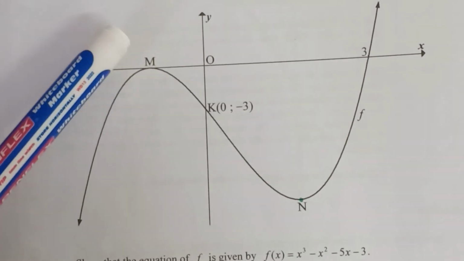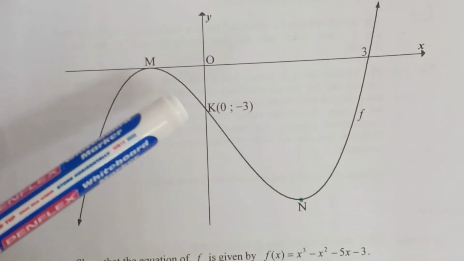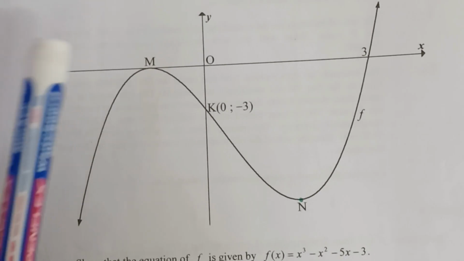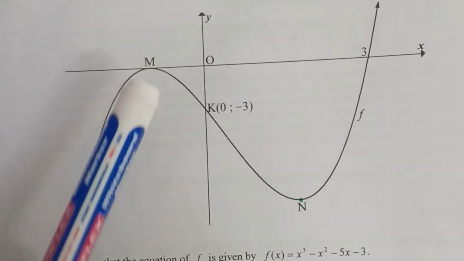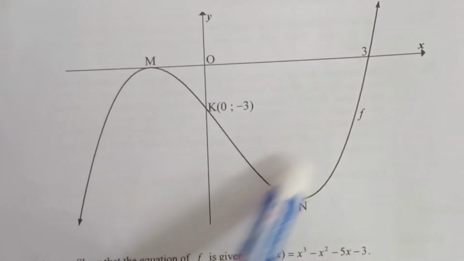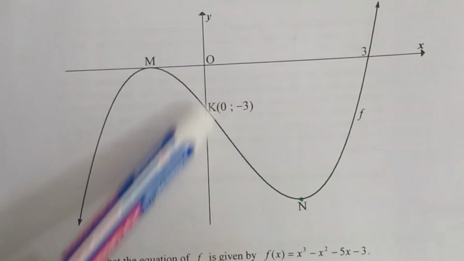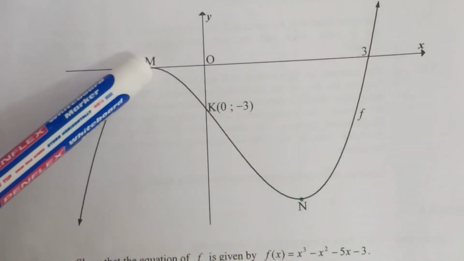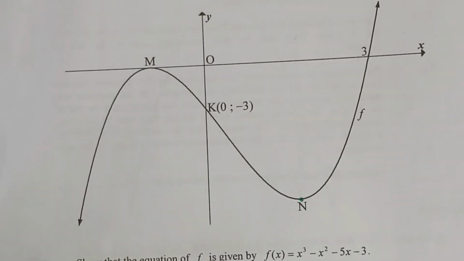They say 0 doesn't have a sign. So let's just say from here to here our graph is negative, and then from here to here our graph is negative.